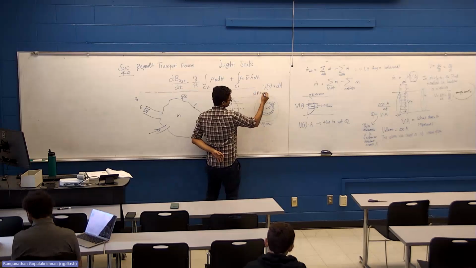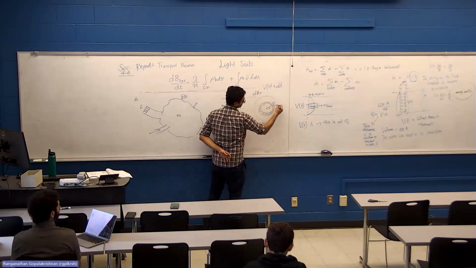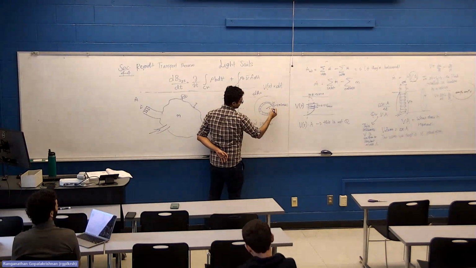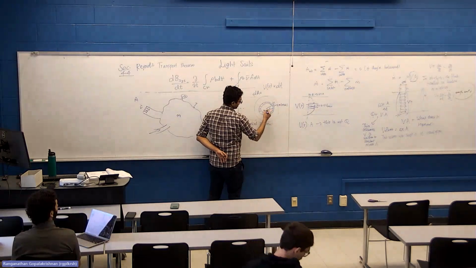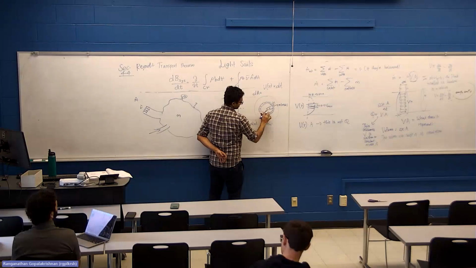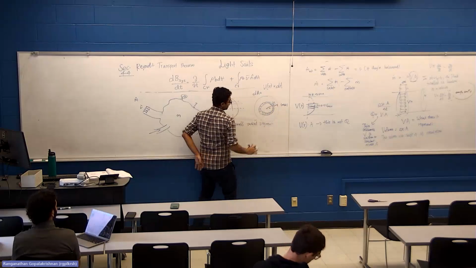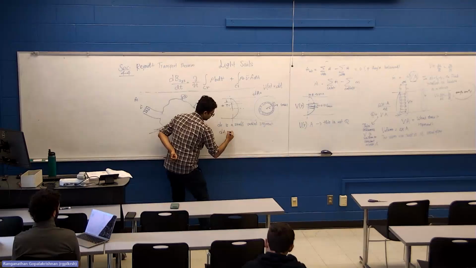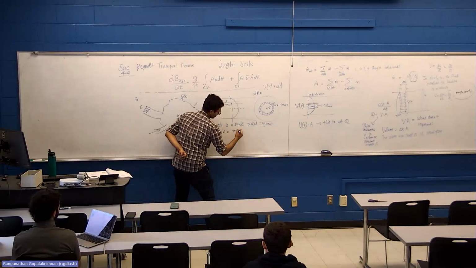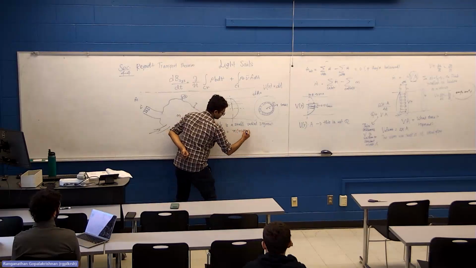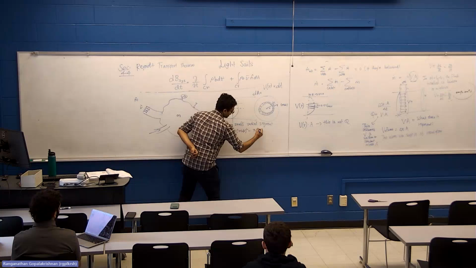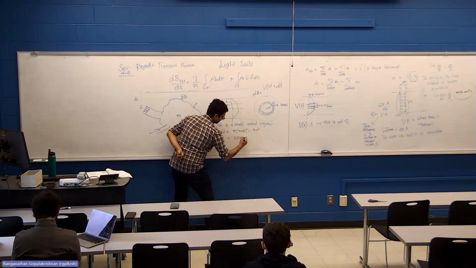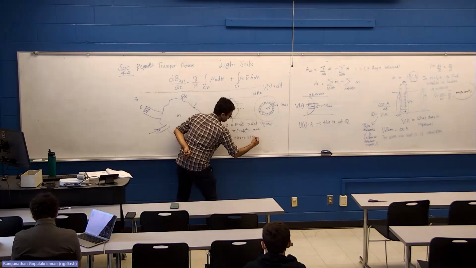And a little bit of math. What is dA? If the outer circle radius is r plus dr, and the inner circle radius is r, dA would be the outer circle area minus the inner circle area, which is 2 pi r dr plus dr squared.